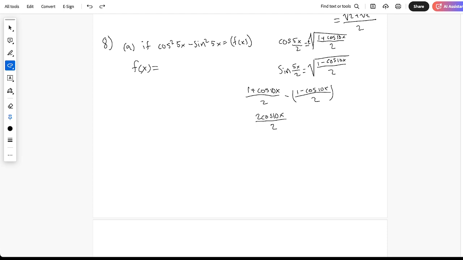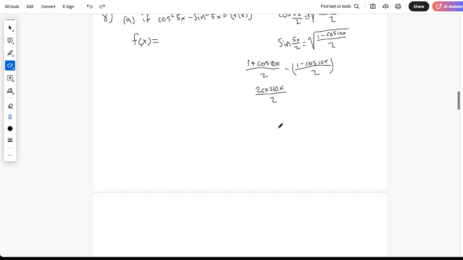So, 2 cosine of 10x over 2. Is that right? Yeah. It went gray, which means it should accept it.